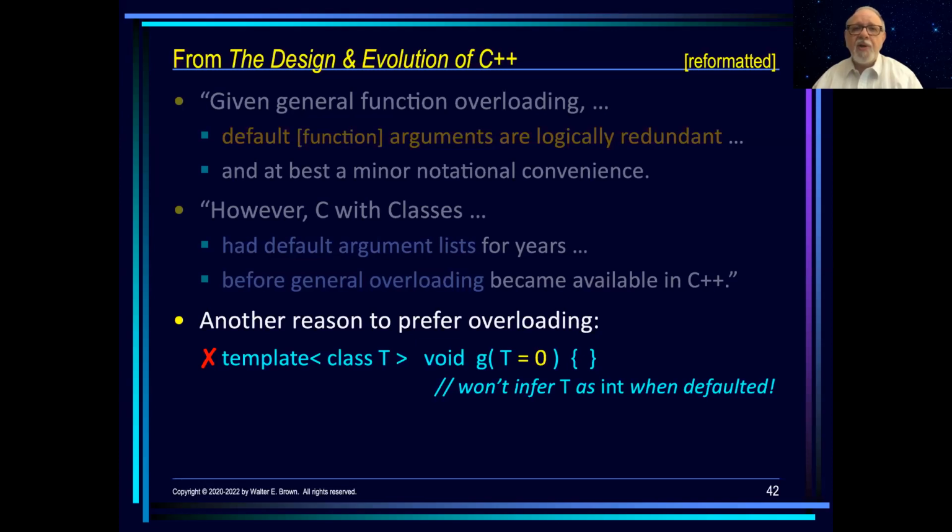It's not the same as calling G of 0. If you really want that to work, you're going to have to provide a default for the template argument as well. Type inference will still fail, but the more general type deduction will say, oh, I can't infer the right type, but hey, there's a default there, so that'll be the type I use. And now the 0 comes into play, but only after we know what T is.